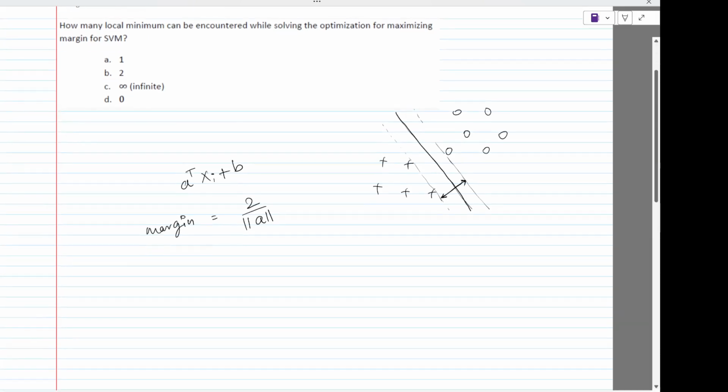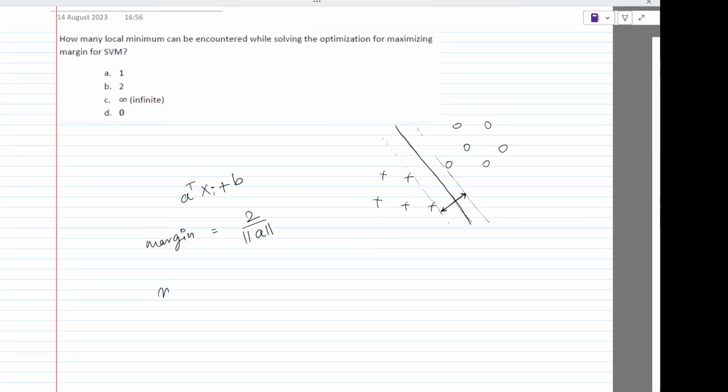So maximizing 2 by this is the same as minimizing this norm, because A and B are what we need to find. This is the minimum of A transpose A.